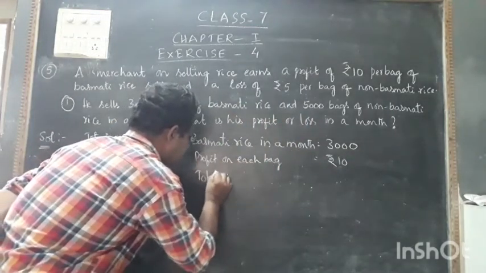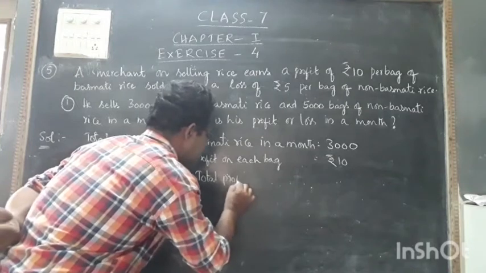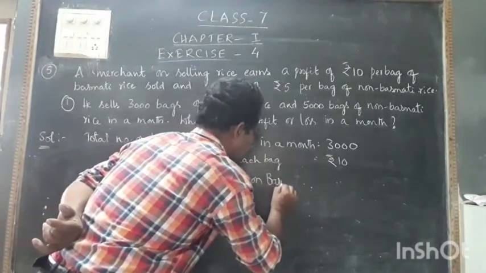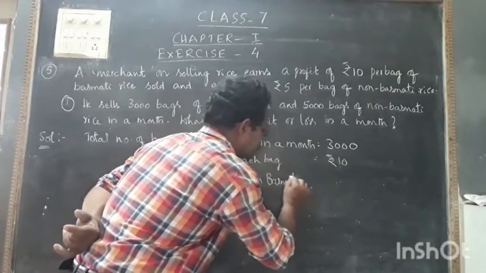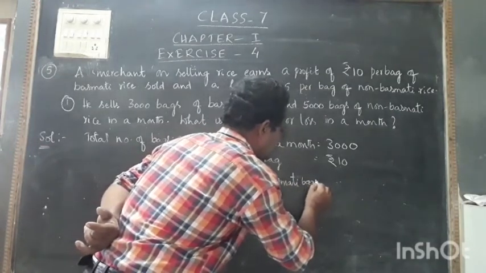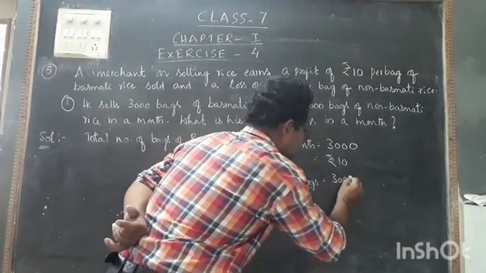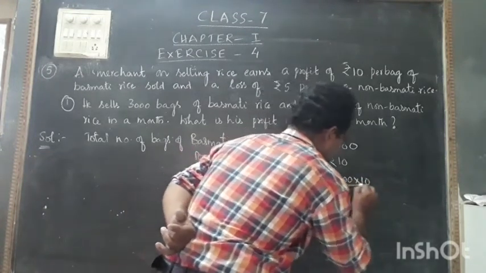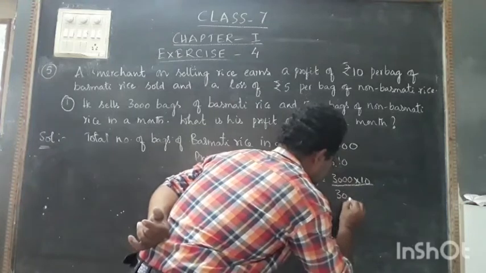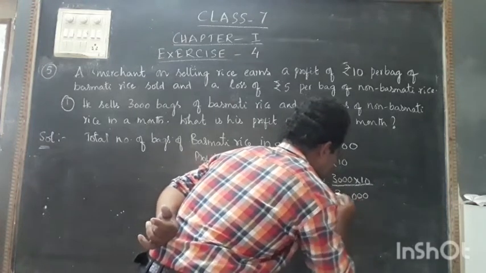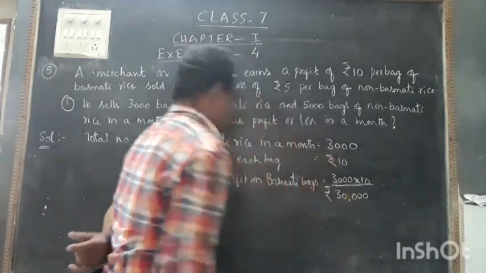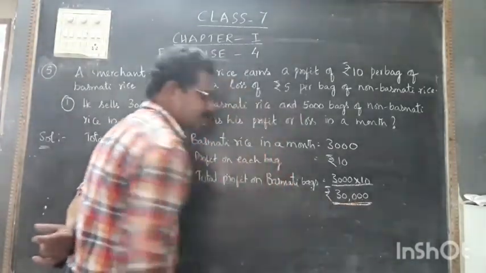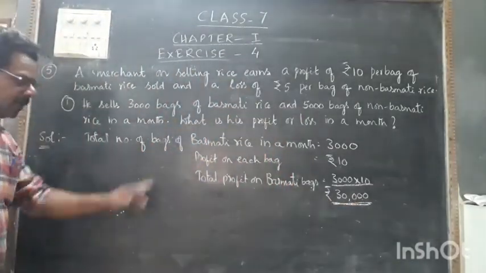So total profit on basmati bags is equal to 3,000 into 10. It is nothing but 30,000 rupees he is earning as profit for selling basmati rice. Okay, 30,000 rupees he is earning as the profit.